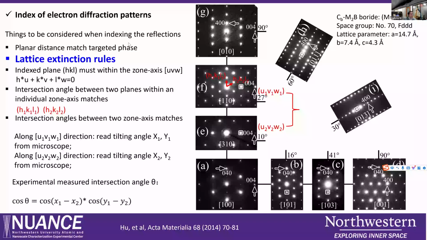Another thing you need to pay attention to is the lattice extinction rules. This is important, and today I would like to highlight it. What is the meaning of the lattice extinction rules? For example, look at pattern E in this image.